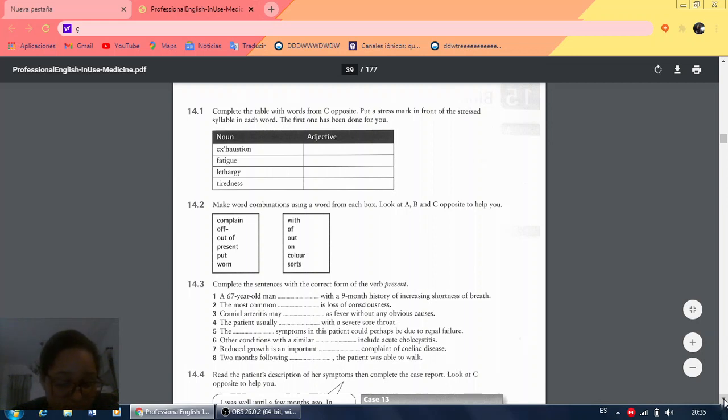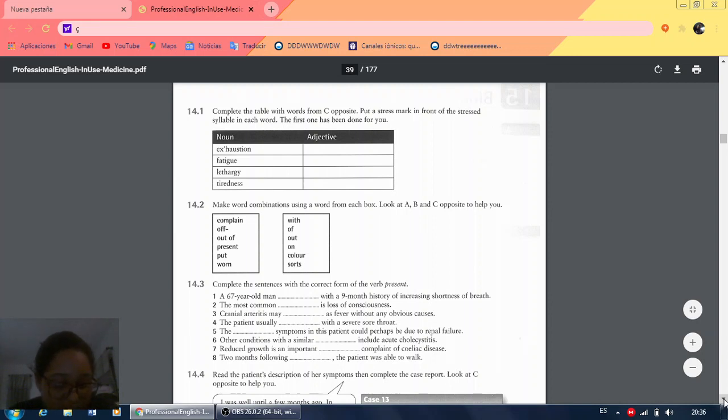The patient's usual presentation is the same as before. The presenting symptoms in the patient's case. Renal failure and conditions with similar presentation include acute cholestasis. Background is important to present complete colic disease. Two months following presentation the patient was able to talk.